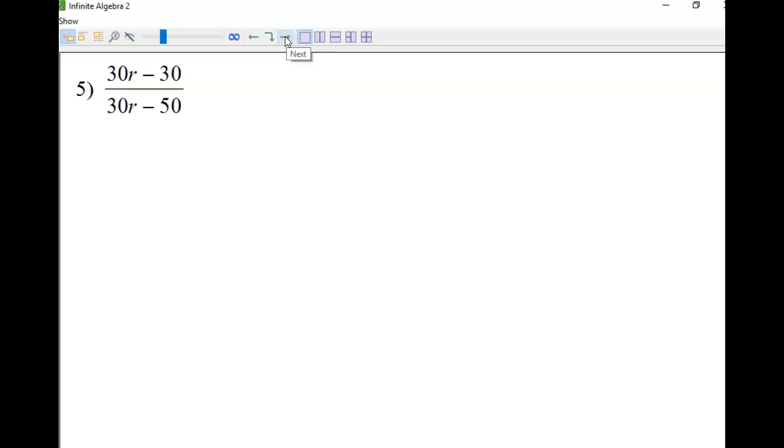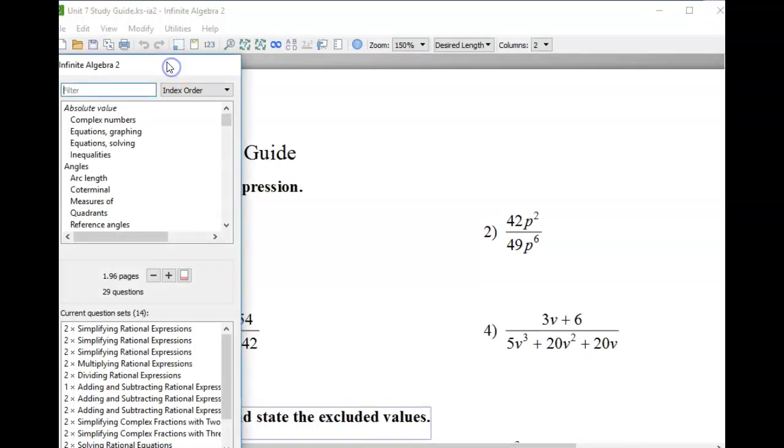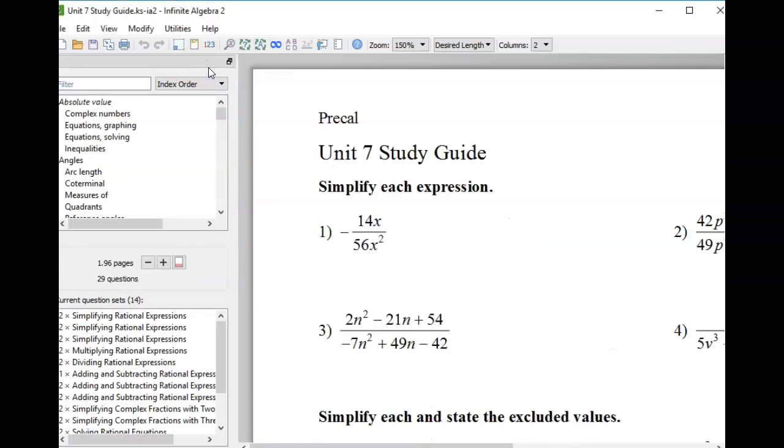All right. On number 5, I believe they're asking us to state the excluded values. Let me make sure. Look at the directions here. Yeah, number 5, we're going to state the excluded values.